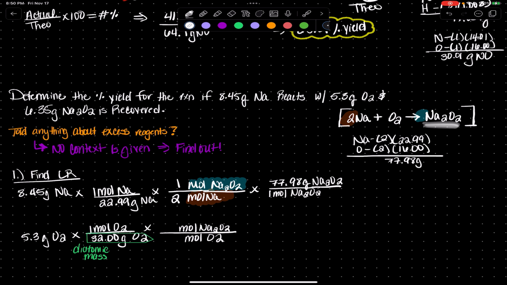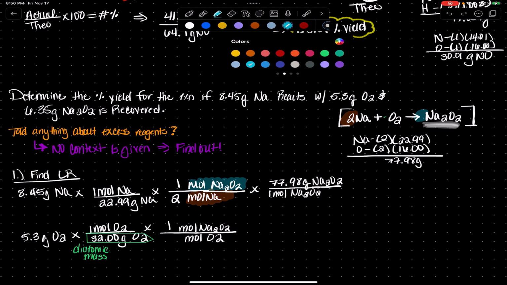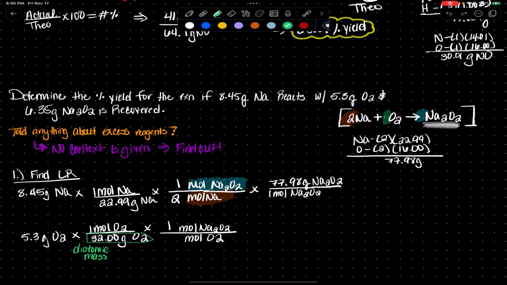Now I'm going to do the same thing down here for oxygen. I'm at the building the bridge part. So I'm going to slither my way over to make a bridge. I see a coefficient of 1 in front of my oxygen and a similar value in front of that Na2O2.